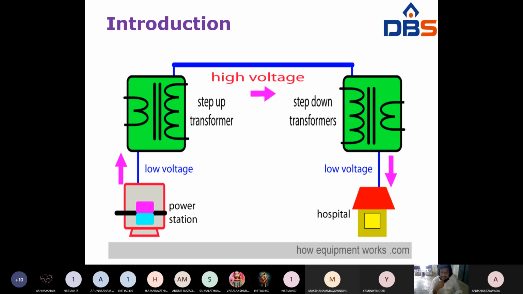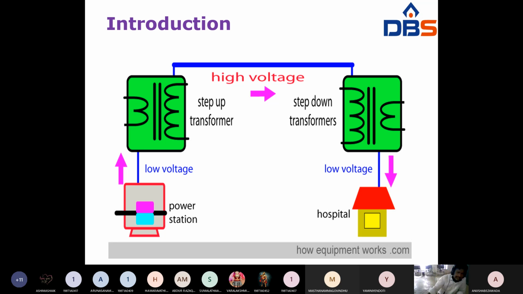A transformer is a static device which transfers energy from one circuit to another circuit without change in frequency, but with change in voltage and current.